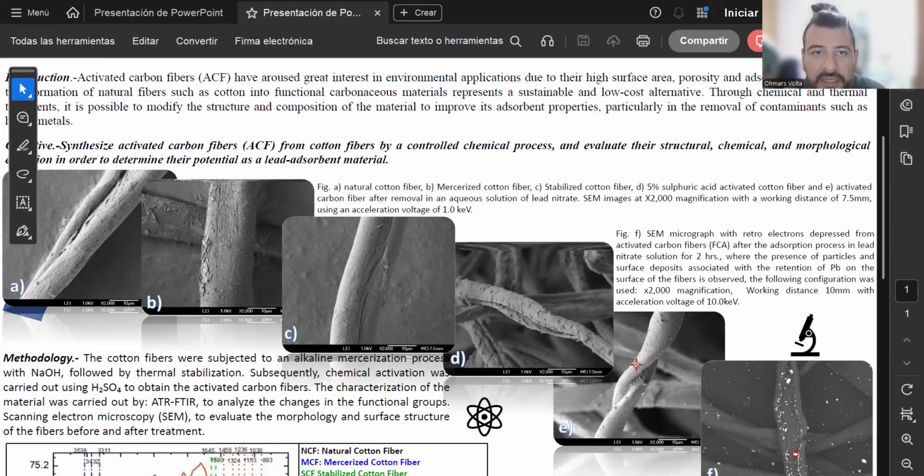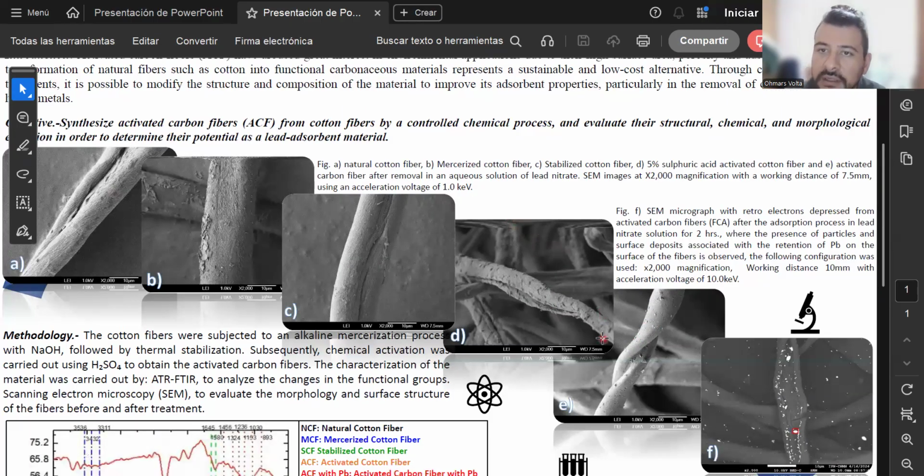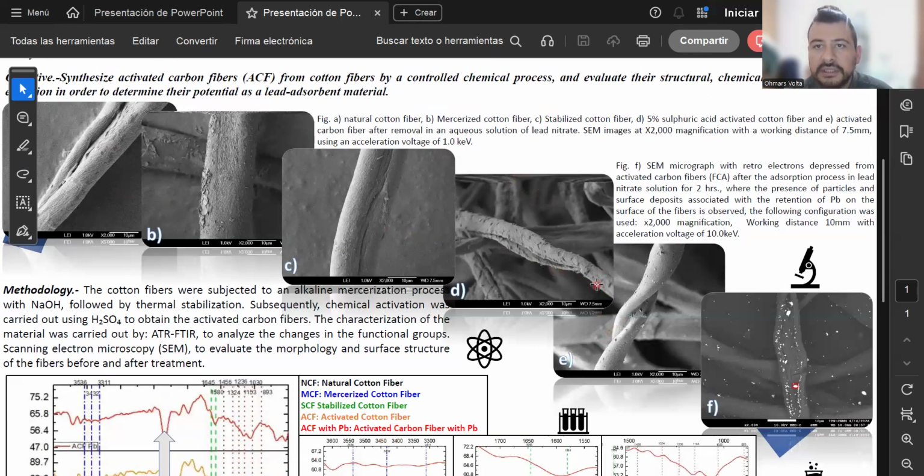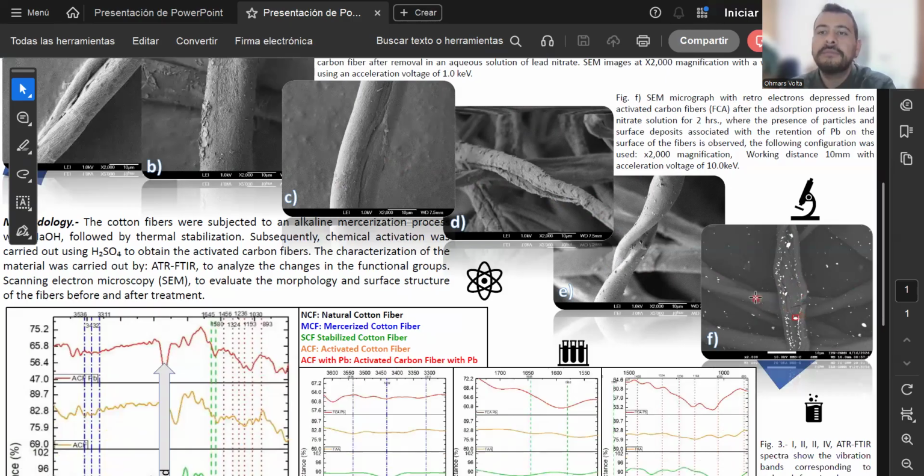Appreciate these micrographs, taken using an acceleration voltage of 1 kiloelectronvolt. All of these images were taken using secondary electrons, and just at the end we used backscattered electrons. Why? Because we try to represent our evidence by the different contrast given by the atomic weight of the different compounds.